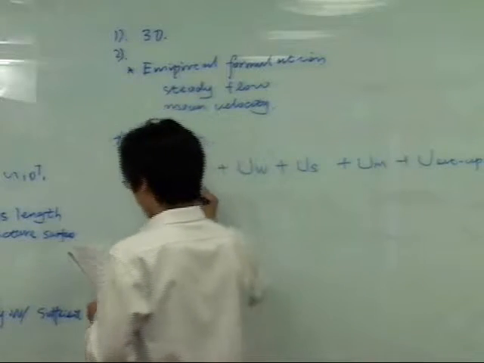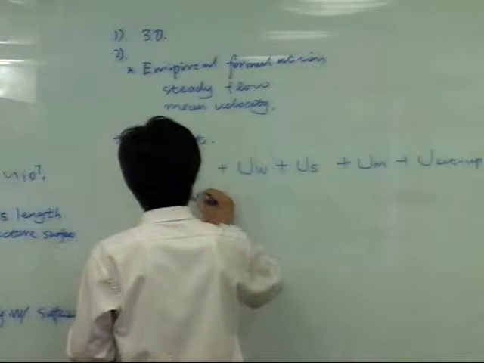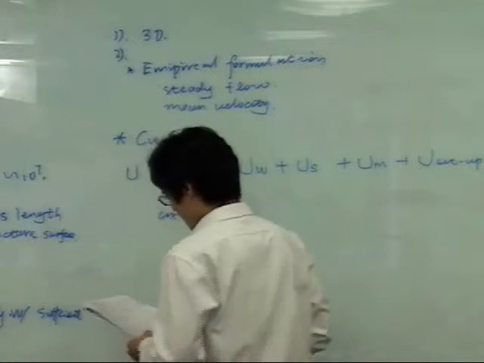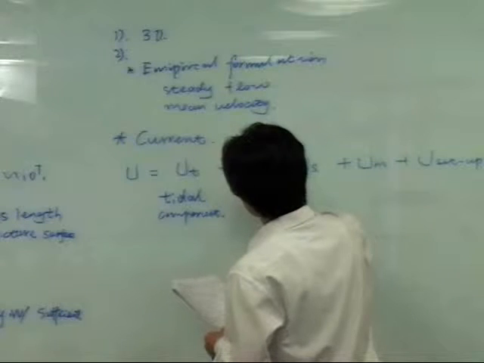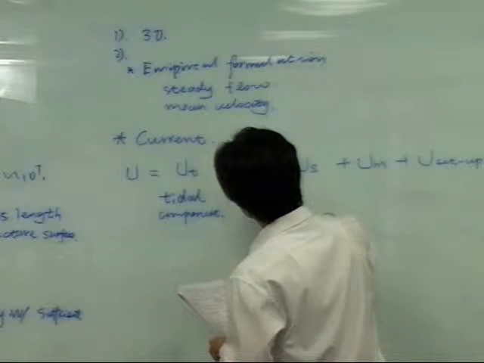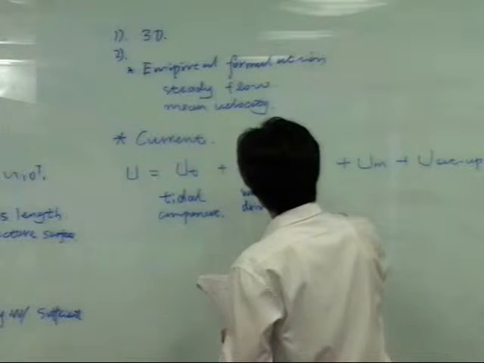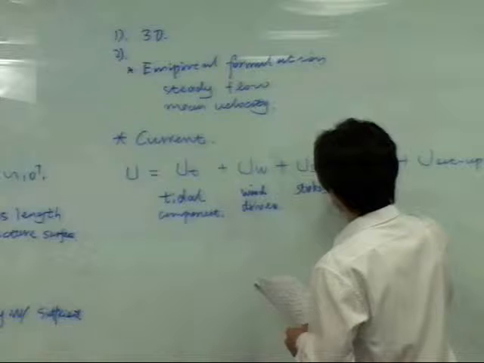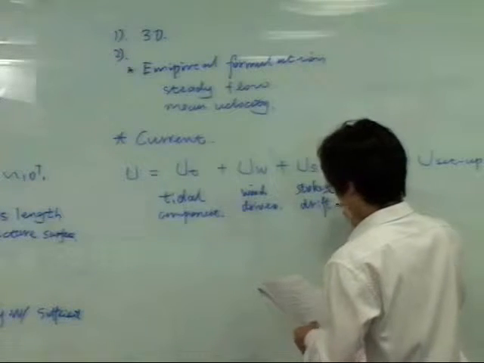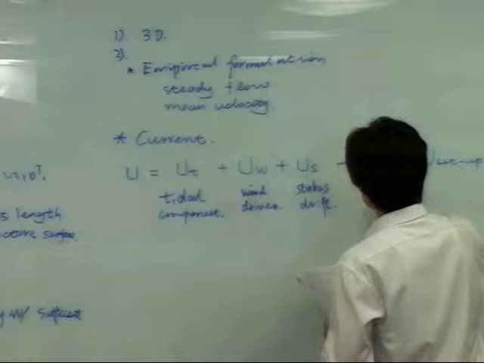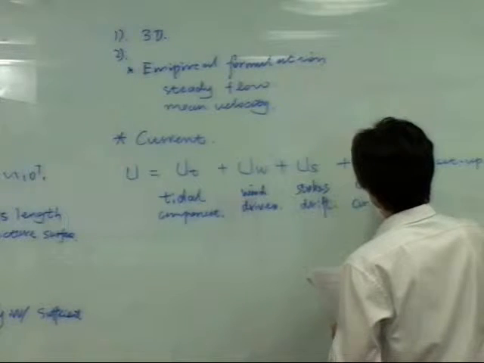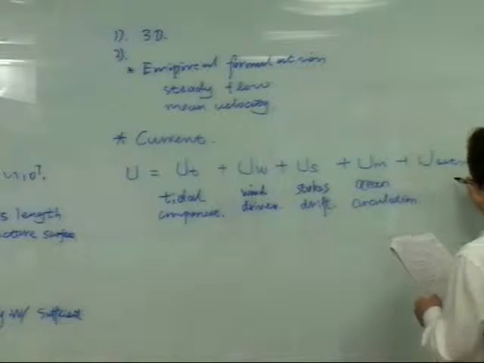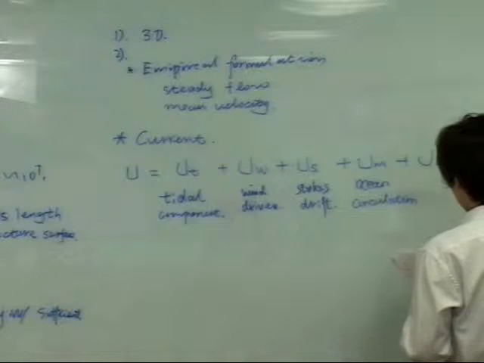The first term is tidal component. And this one is wind-driven current. And this is Stokes drift. And this is due to ocean circulation. And this is due to storm surge.